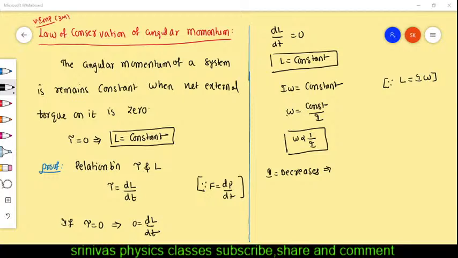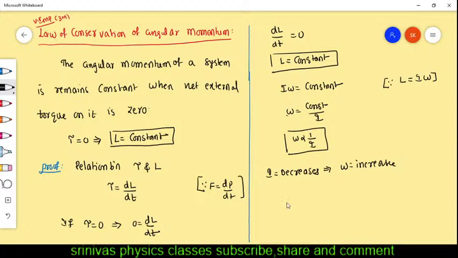Alok says increases, right? Any other person, increases or decreases? If moment of inertia decreases, then angular velocity automatically increases.